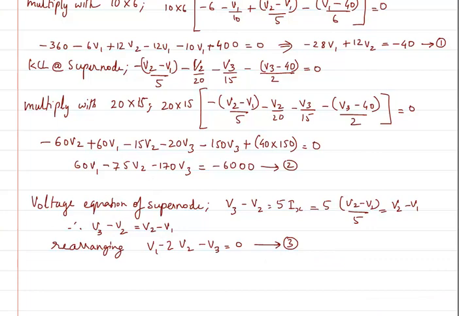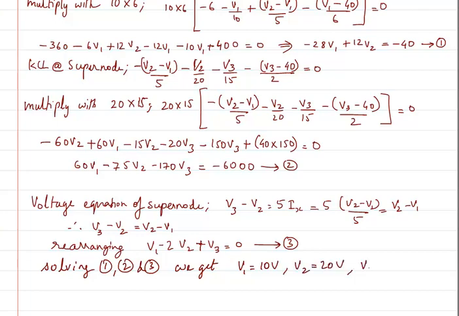V3 is going to be plus here, so this is plus V3. So V1 minus 2V2 plus V3. Then solving 1, 2 and 3, we get V1 is equal to 10 volt, V2 is equal to 20 volt, and V3 is equal to 30 volt.